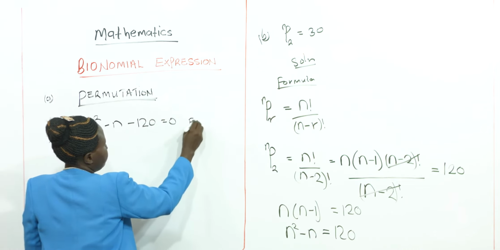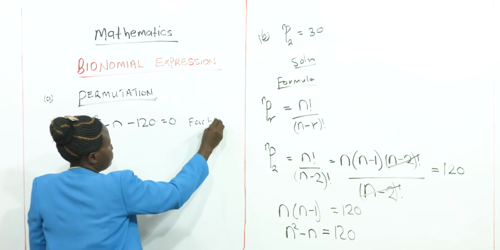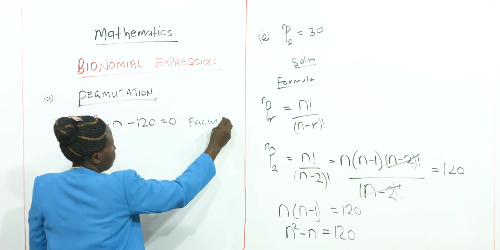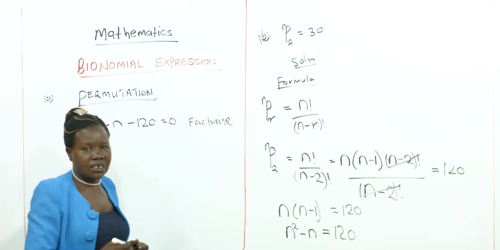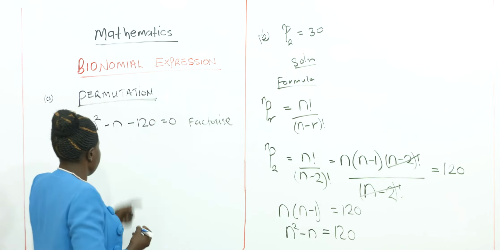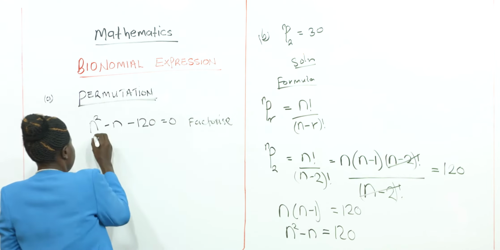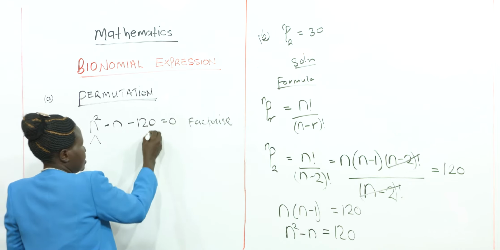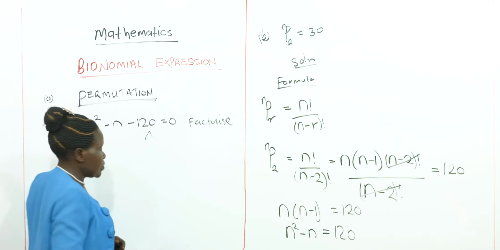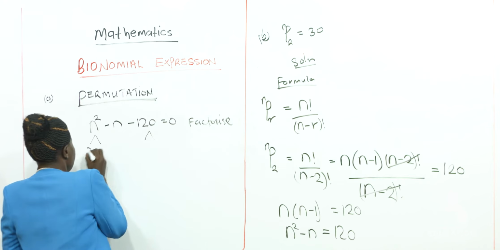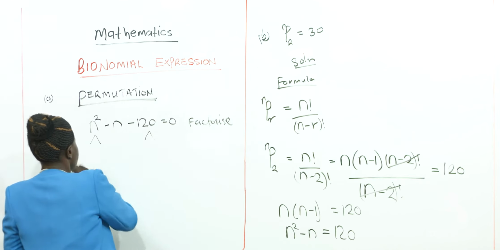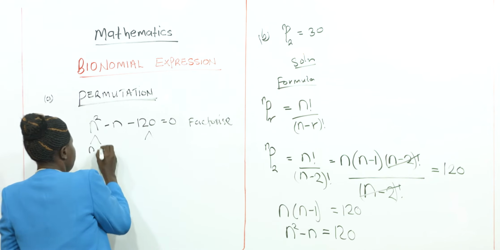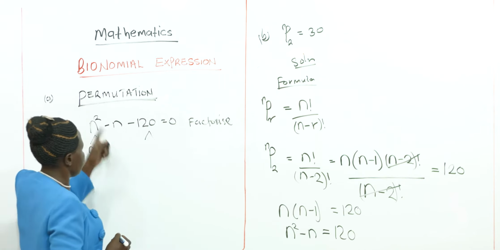So at this level, learners, you are going to factorize, because it is already giving us a quadratic equation. When we factorize this, we simply break the first term and the third term. n times n will give you n squared.